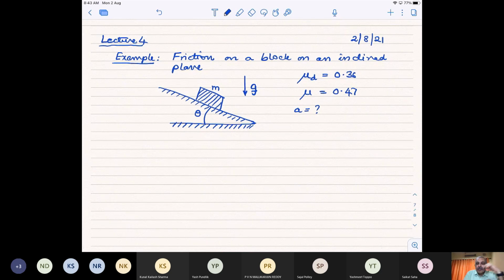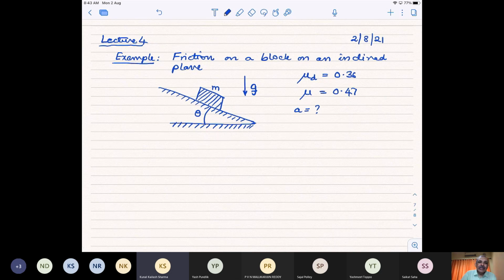So can someone tell me what will happen as we go on increasing the angle theta? Sir, Kunal here. Sir, at a particular angle theta, the block will start moving, overcoming the static friction. Correct. And that acceleration magnitude will be g cos theta, I think.